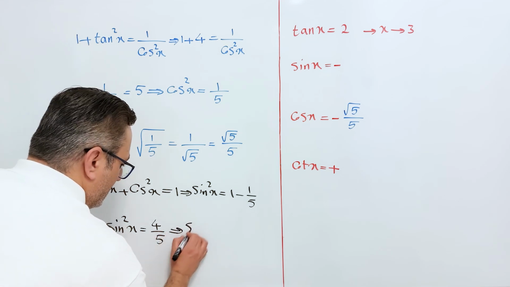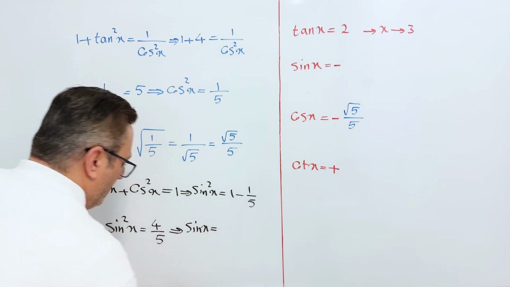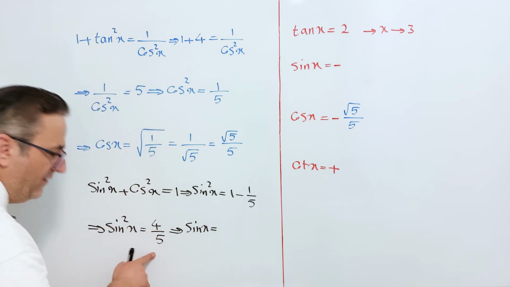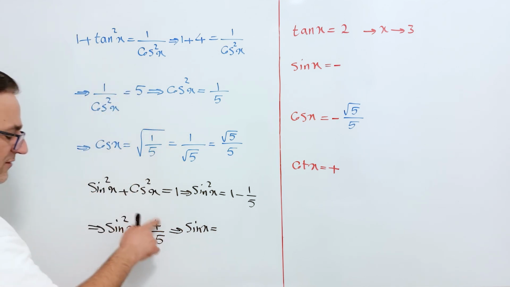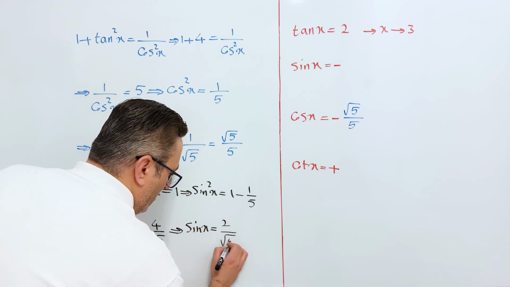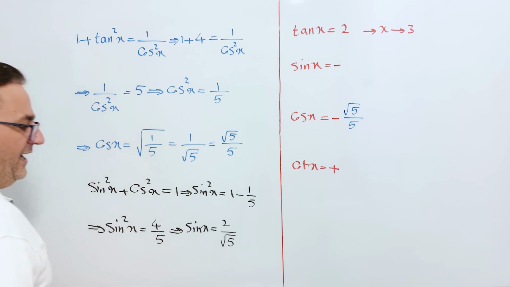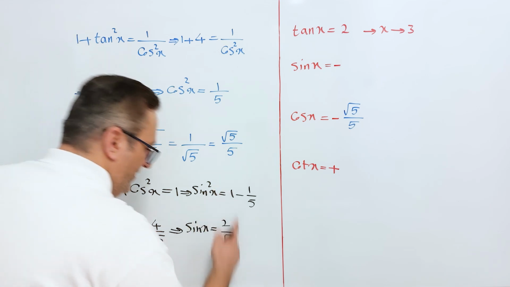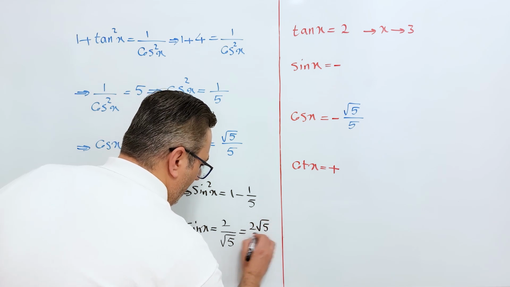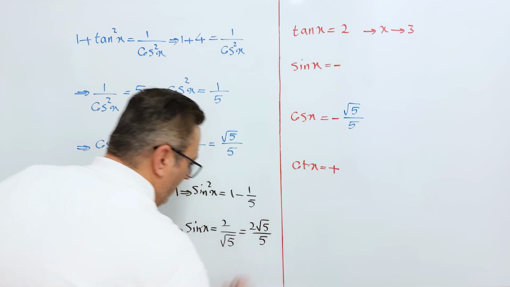So sine x is equal to the square root of 4 over 5, and the square root of 4 is 2, divided by the square root of 5. And if we rationalize this fraction, we have 2 times the square root of 5 divided by 5.